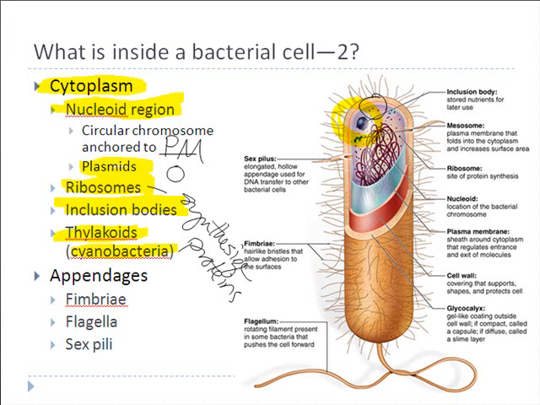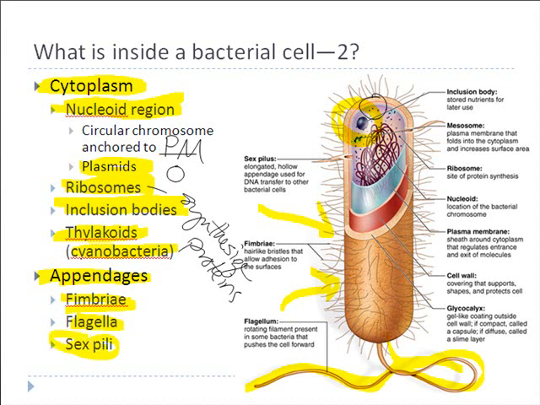Other parts of a bacterial cell include sometimes appendages on the outside. Sometimes you can have flagella, like this long whip-like structure here. Flagella help bacteria move through their environment. Some have fimbriae, which are these shorter hair-like bristles all over the surface. And sometimes these help bacteria attach to surfaces.